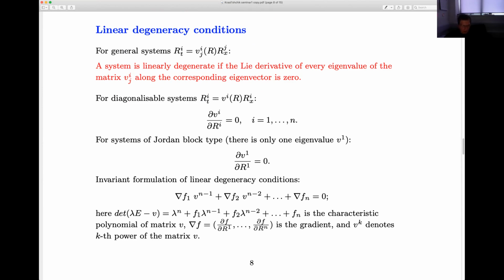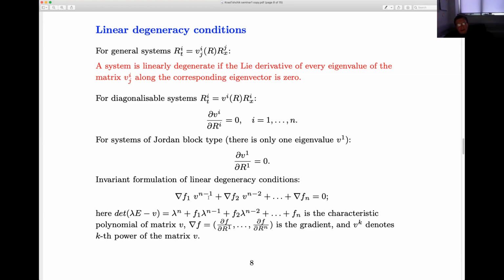For each of these coefficients, you calculate its gradient, as a row vector, like df by dr1, df by drn. This you calculate for each of these coefficients. And then you verify this identity. Gradient of f1 multiplied by the matrix of the system to the power n minus 1, plus gradient of f2 times V to the power n minus 2, plus so on, right? This thing is 0 if and only if the system is linearly degenerate. This is an invariant condition of linear degeneracy.